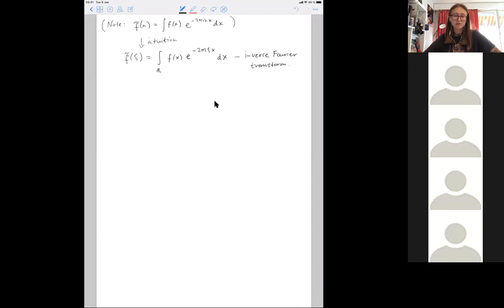I will not say exactly which functions f can be Fourier transformed, just keep in mind that it's good if the function is continuous and also bounded, then probably it has a Fourier transform.